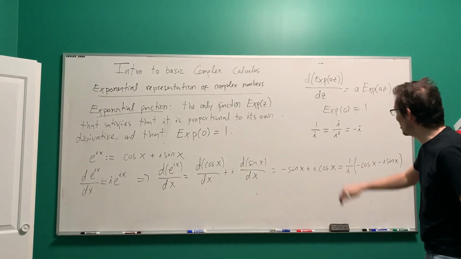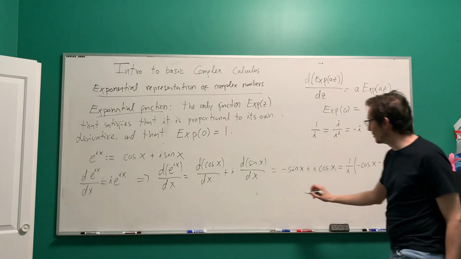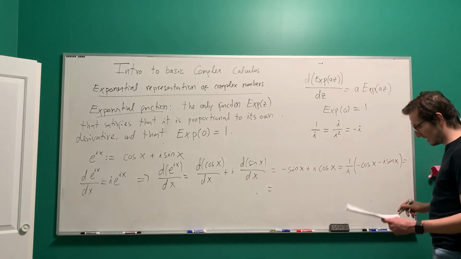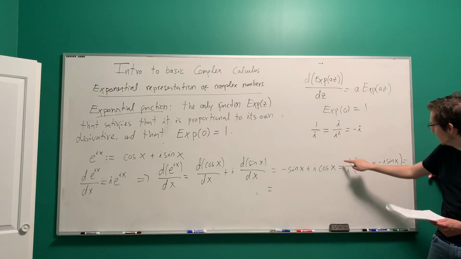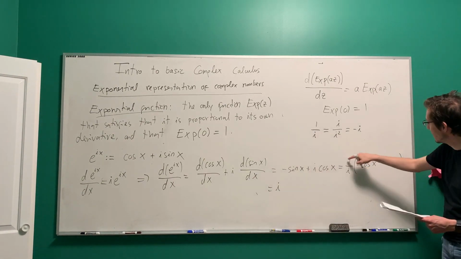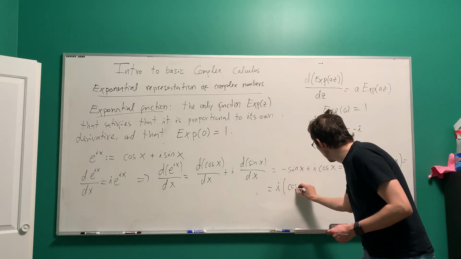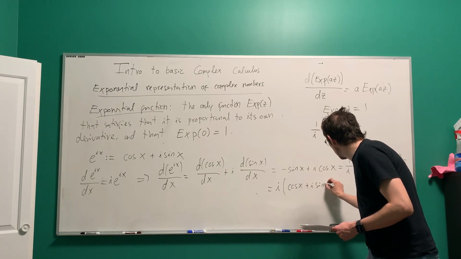Very cool. So this thing is actually equal to minus i; I take the minus i out, and that would be 1 over i, cosine of x plus i sine of x.